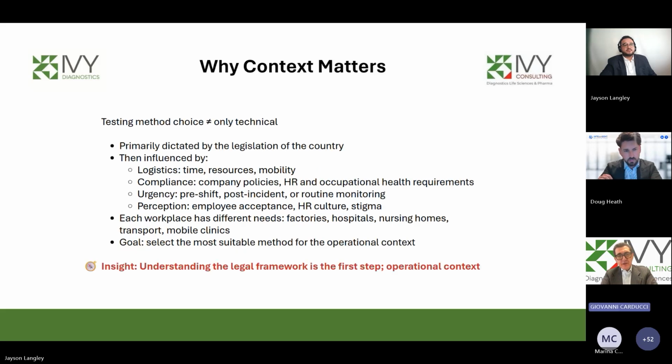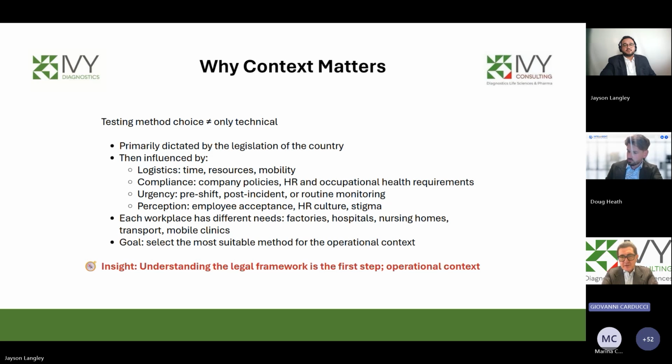In my opinion, there is no best method, only the most suitable one depending on the operation context. Practically, in many of the contexts that we operate in, companies, nursing homes, rehabilitation centers, mobile clinics, and community services, the choice of the method is never just a technical one.